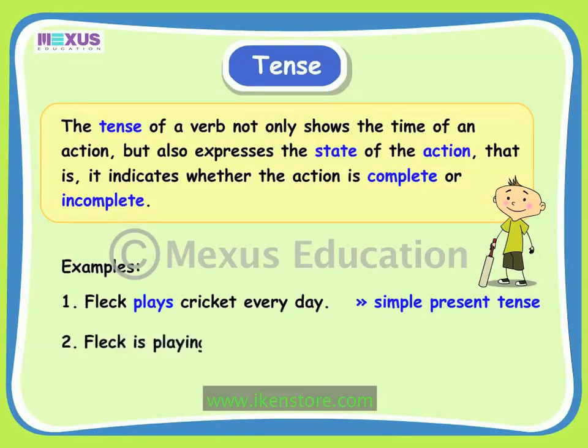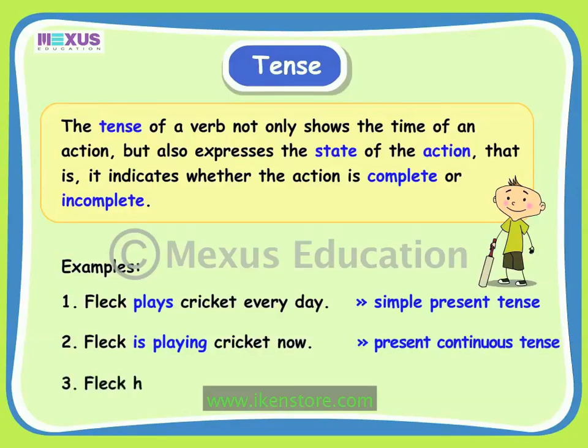Fleck is playing cricket now. In this sentence, the verb is playing indicates an action that is taking place and continuing in the present moment. It refers to the present continuous tense. Fleck has played cricket earlier.